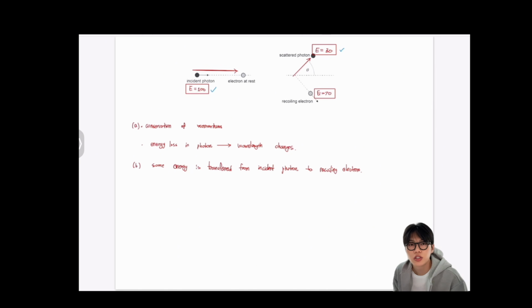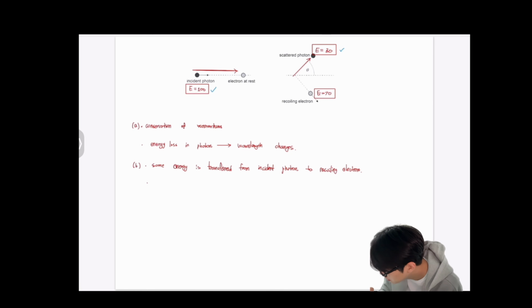Right. So which means that the scattered photon has less energy than the incident photon, right? So the energy of the scattered photon is less than the energy of the incident photon.